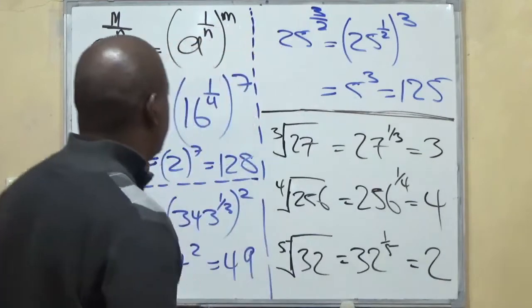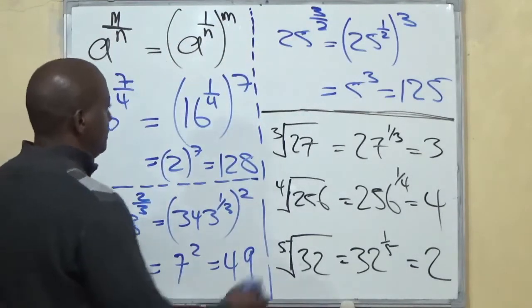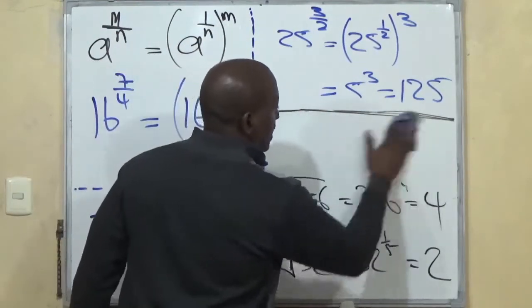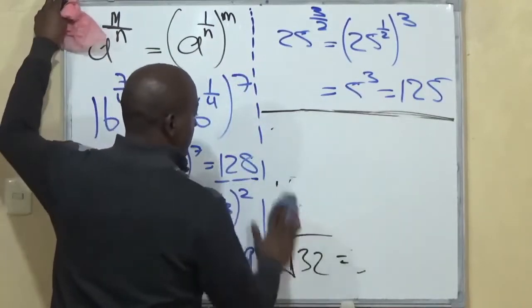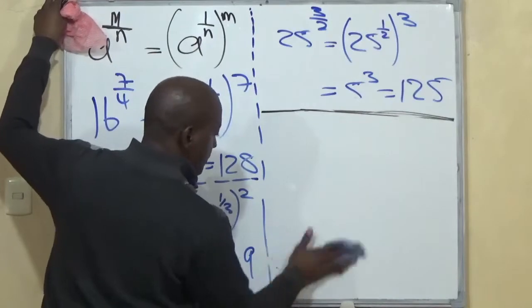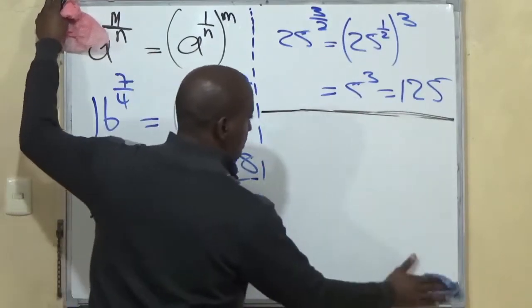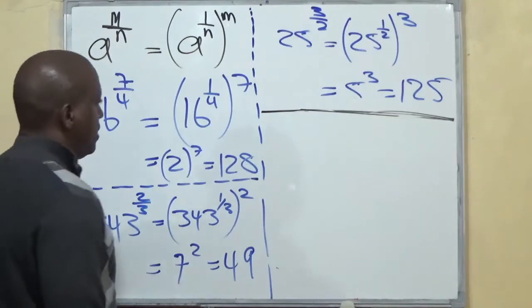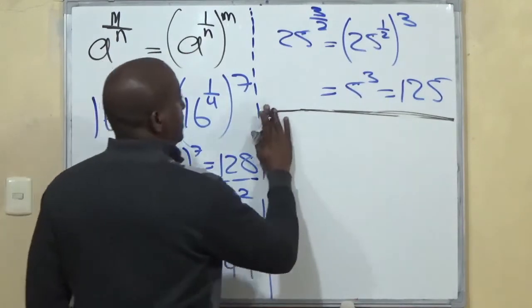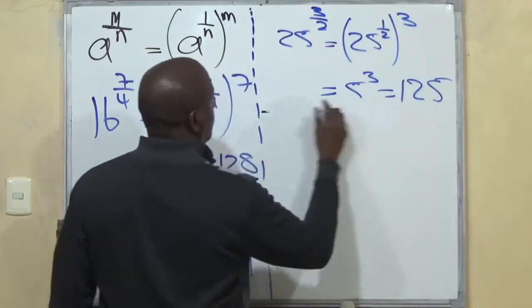Let me write that now. Right? So for every power n, the corresponding root is written as 1 over n.